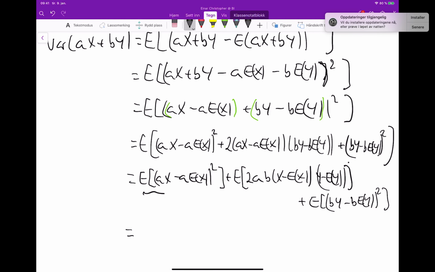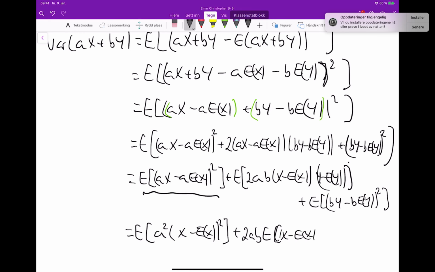And then we recognize this from last time, but I take it slow anyway, so I can write this as a to the power of 2, x minus expectation of x to the power of 2, plus 2ab, which is a constant outside the expectation, x minus expectation of x, y minus expectation of y, plus the expectation of b to the power of 2 times y minus the expectation of y to the power of 2, like this.